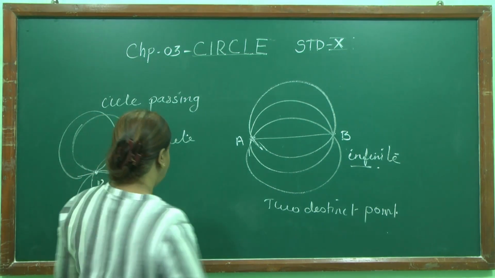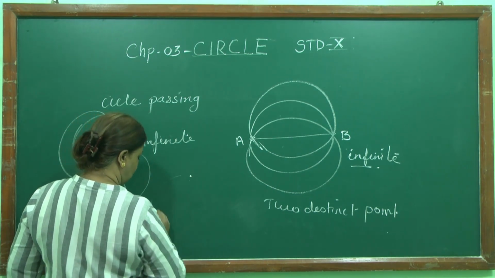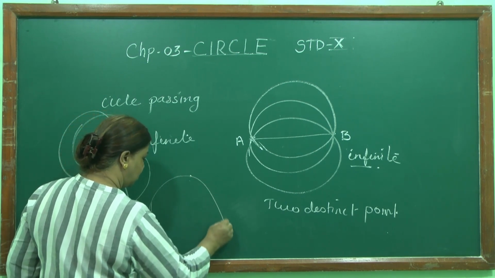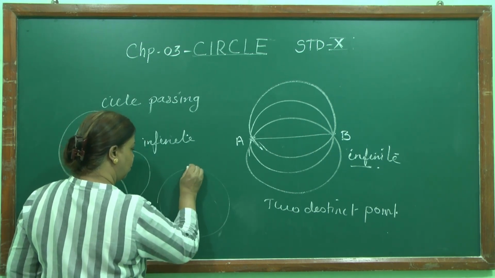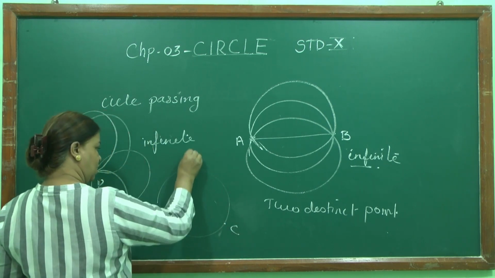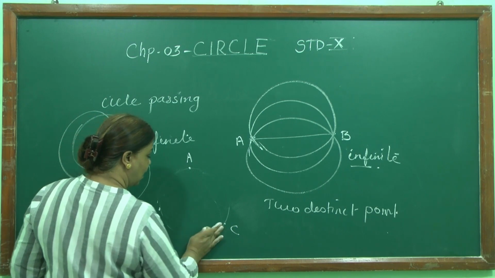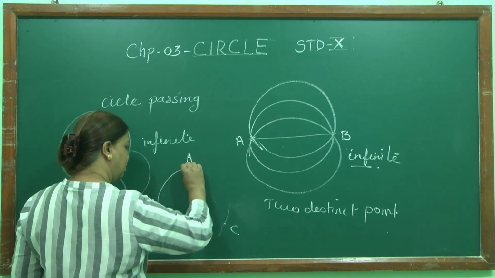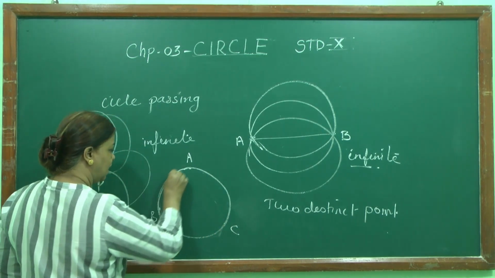Now we will see if there are three points which are non-collinear. How many circles can pass through three non-collinear points? Suppose I draw a circle with point A, point B and point C. Point A, point B and point C are non-collinear points. So if I join them, I can create one circle.